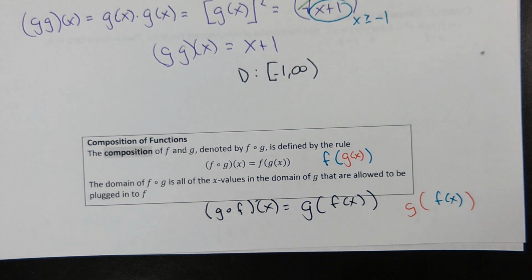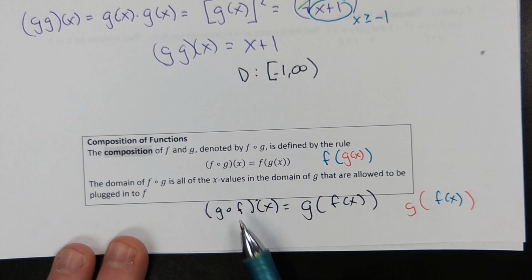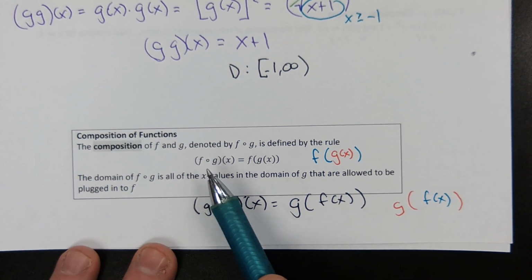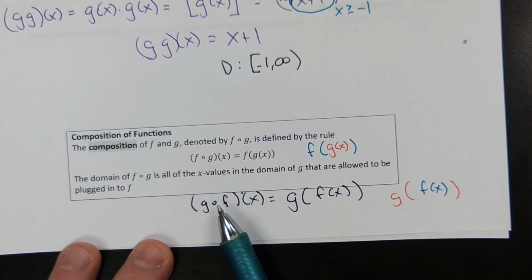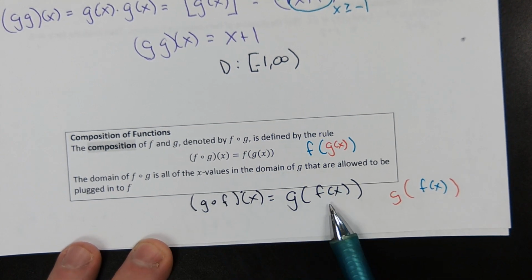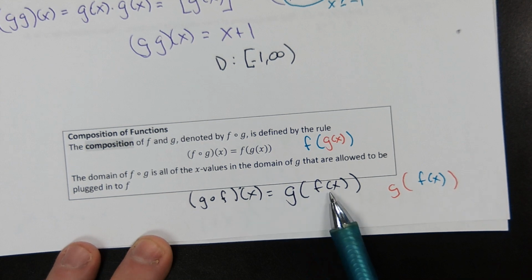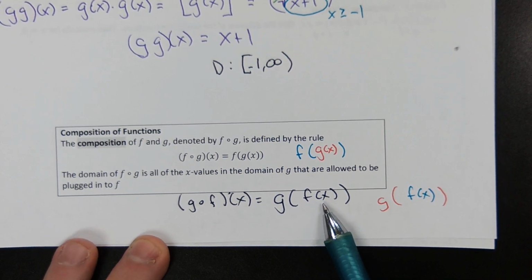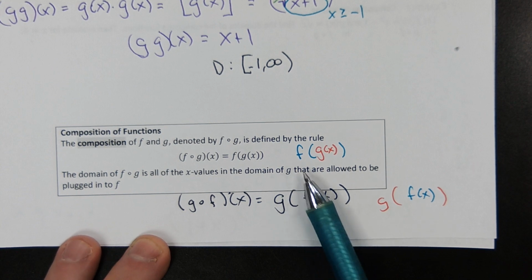I'm going to be real with you. I never write "fog x" or "gof x" in my own work. So if a question has this little O in it, I always default back to this format, because this format shows me exactly what was being plugged in and where. So I prefer this format.